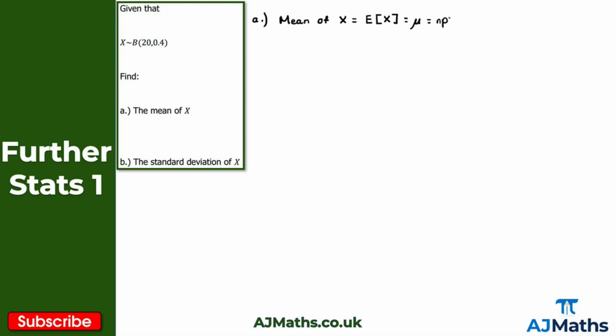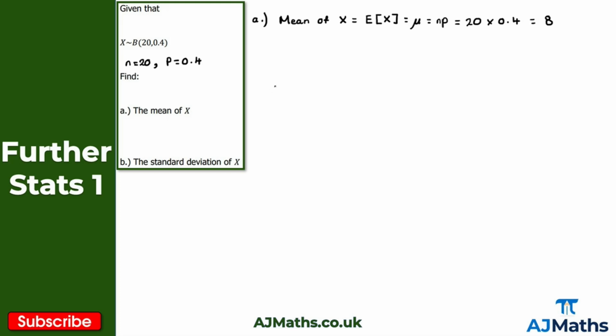Like we said, n is 20 and p equals 0.4. So nice and straightforward, we get 20 times 0.4, which simply gives us 8. So the mean of the random variable x is equal to 8. And that's part A done.